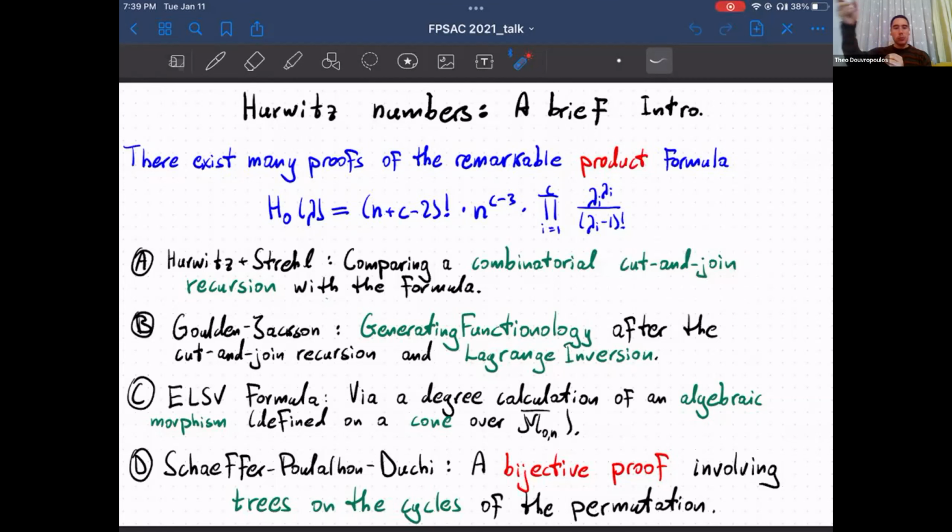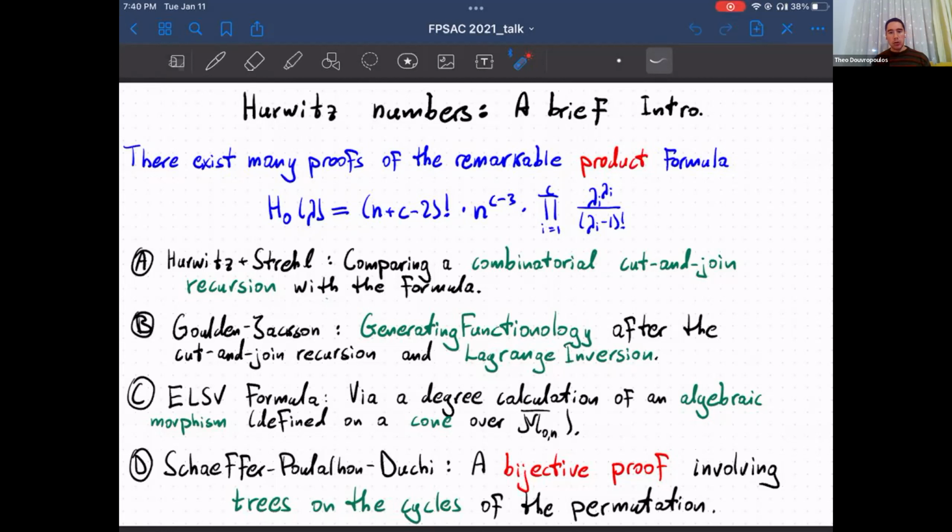It means that when you multiply by a transposition, you're either going to merge two cycles or break them apart. This whole cut and join theory kind of originated in these ideas. Strehl filled in some gaps that Hurwitz hadn't really written clearly, and there were serious ones.